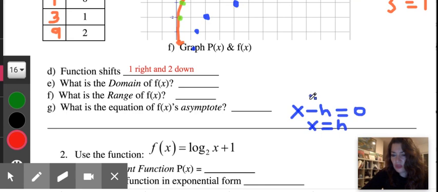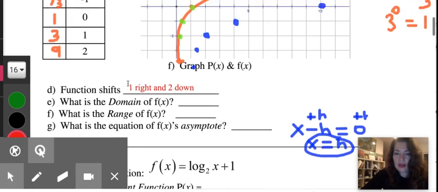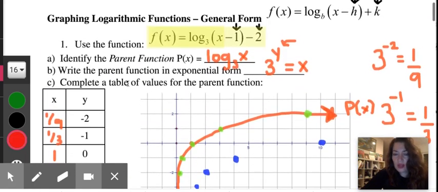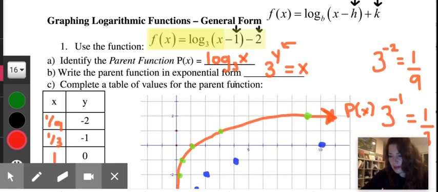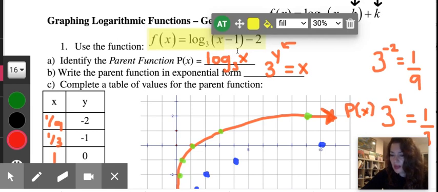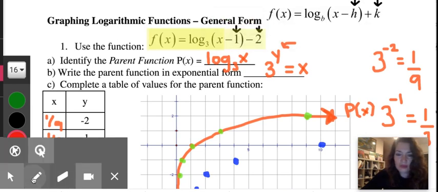So if we just add h on both sides, we will have x equals h as our vertical asymptote. Now, why that is because, as I have mentioned before, the value of the log can never be negative, nor can it be 0. So x minus 1 equals 0 is going to be our vertical asymptote.